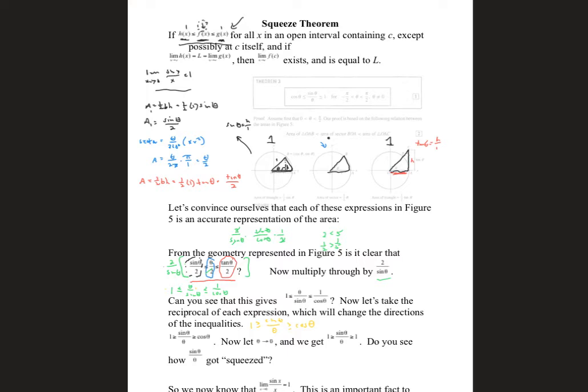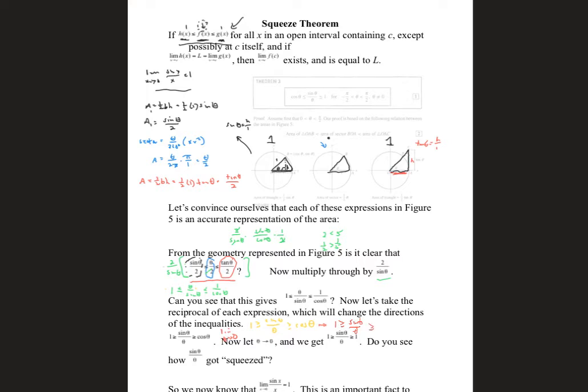Now the fun really begins. Now we can take that limit as theta goes to 0. And so when we do that, the 1 is always going to be 1. And we're trying to figure out what's happening to the sine theta over theta. That's our question.